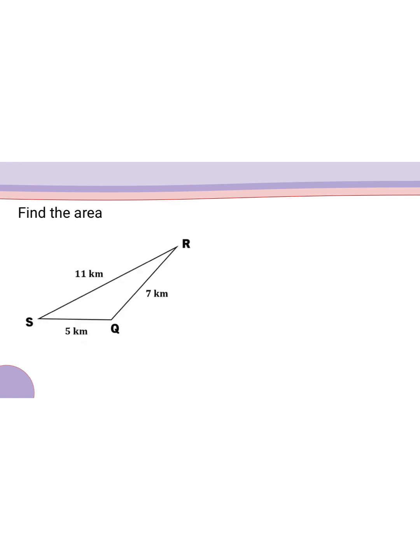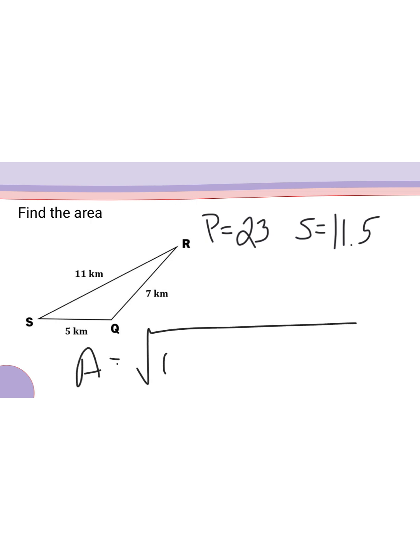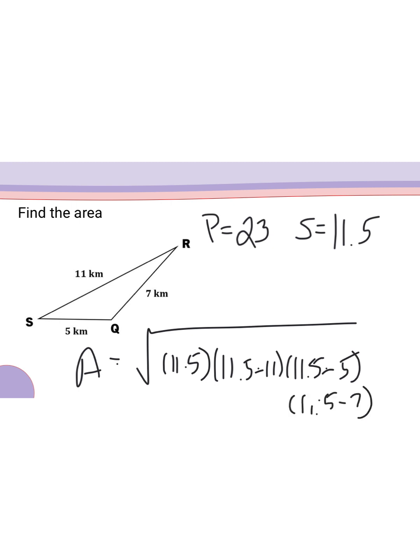So if I have a triangle with these 3 side lengths, the perimeter is 23 by adding it, which means my semi-perimeter is half of that. So to find the area, we just use the formula. So semi-perimeter is 11.5, and then 11.5 minus 11, 11.5 minus 5, and 11.5 minus 7.